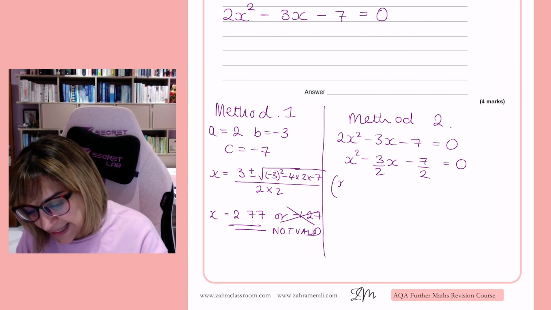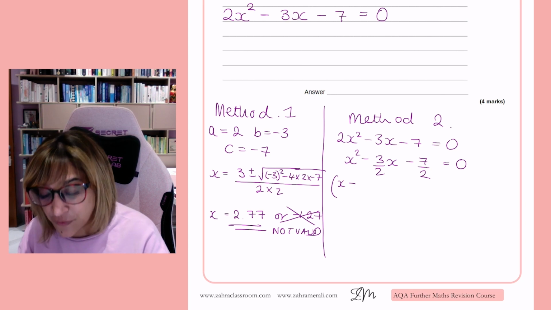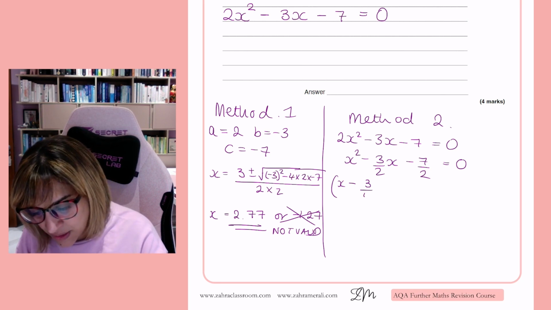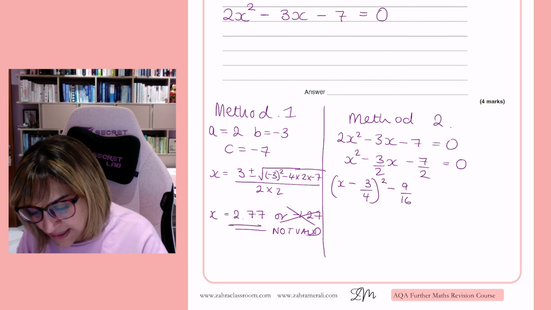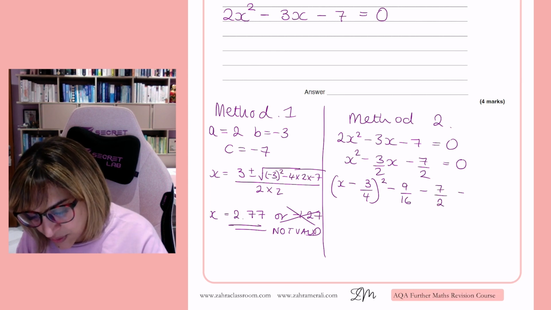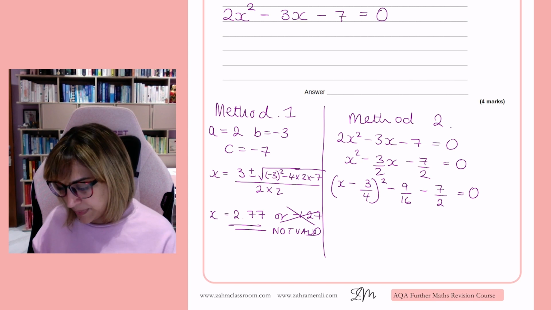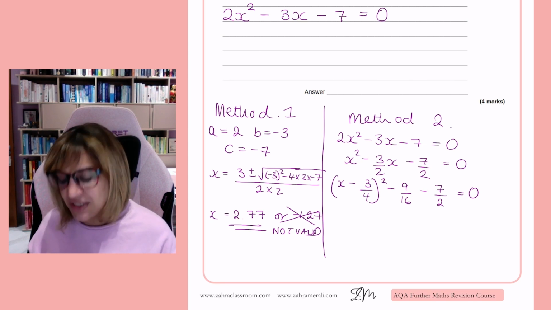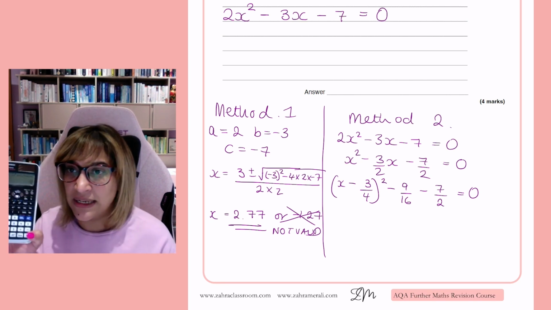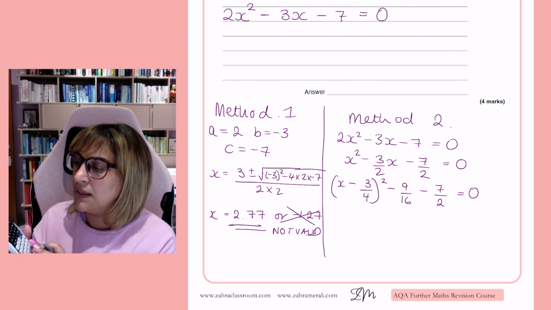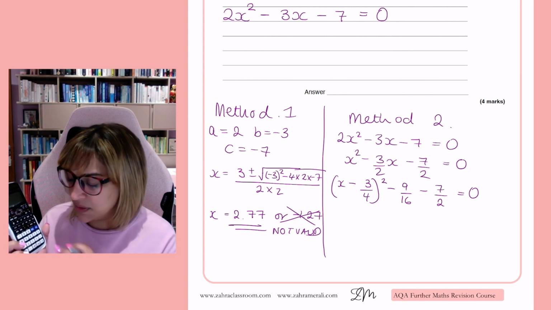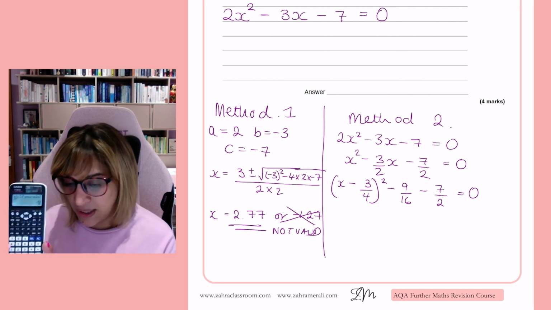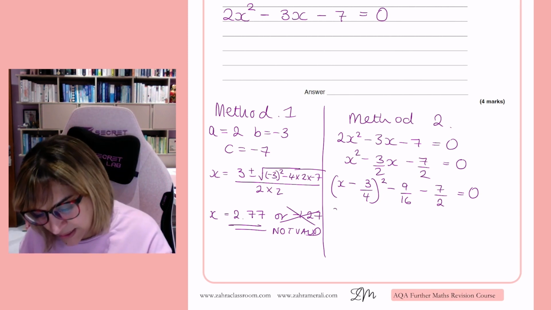So I can do x, half what's in front of the x, 3 over 4, squared, minus 9 over 16, minus 7 over 2, equals 0. And you could double check that was correct, because your calculator also gives you the minimum, which we can see is 3/4, and the y, which is minus 65 over 8.